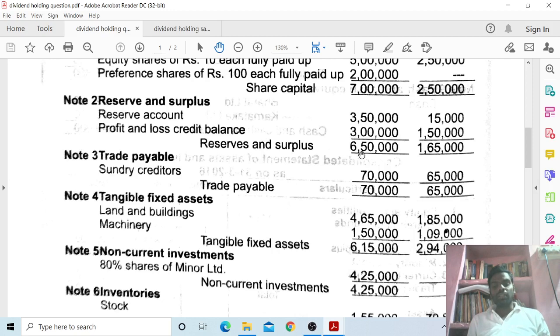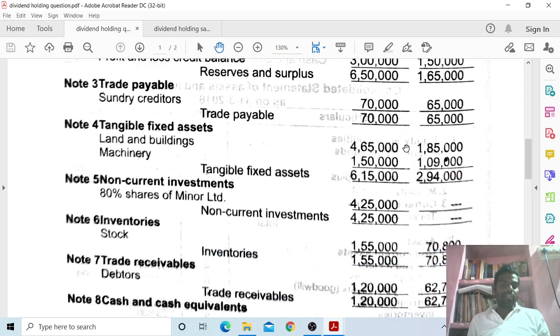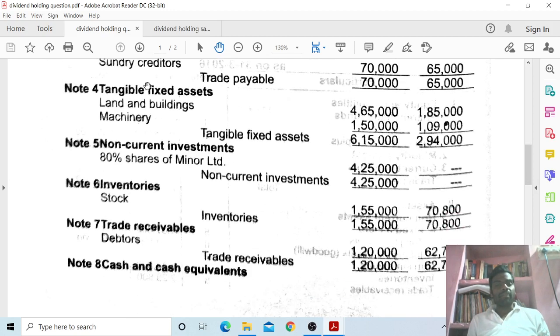Total reserves and surplus: 6 lakh 50,000 and 1 lakh 65,000. Note number 3, trade payables, sundry creditors: 70,000 Major company and 65,000 Minor company. Total trade payables 70,000 and 65,000.